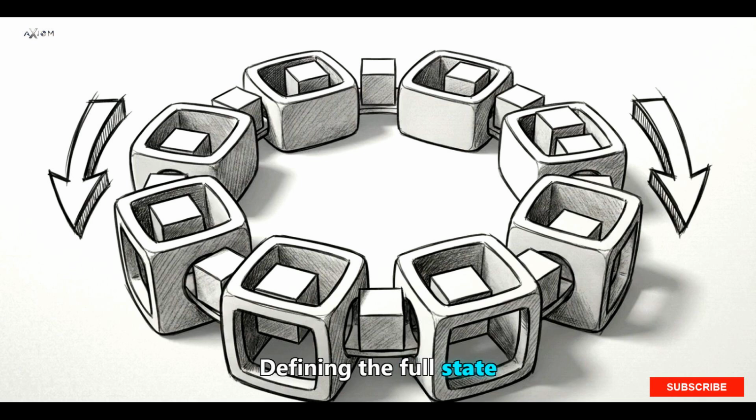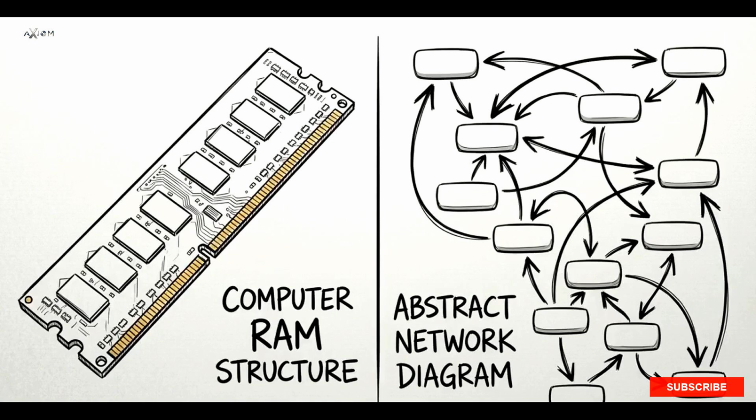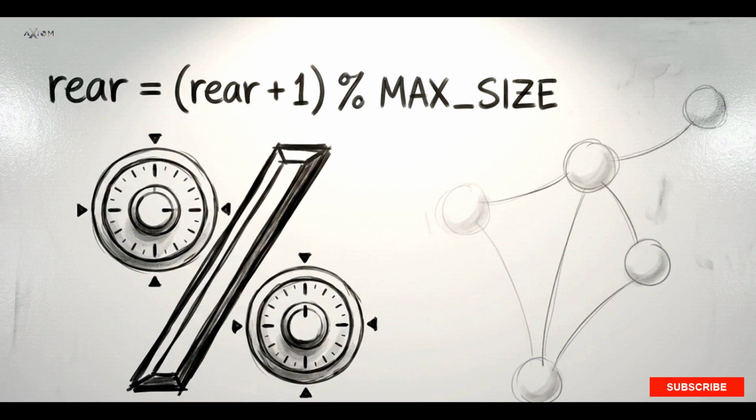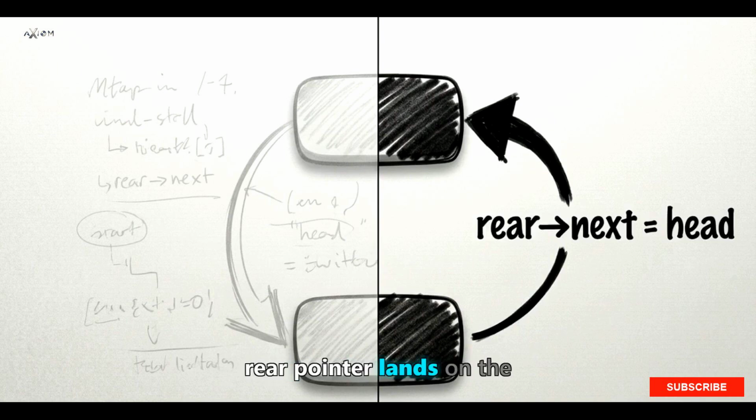Defining the full state requires more than just checking the end of the array. In a circular queue, a full state occurs when the rear pointer wraps around and catches up to the front pointer from behind. The formula for this check is (rear + 1) modulo max size equals front. If the predictive modulo step for the rear pointer lands on the index currently occupied by the front pointer, the insertion is blocked.